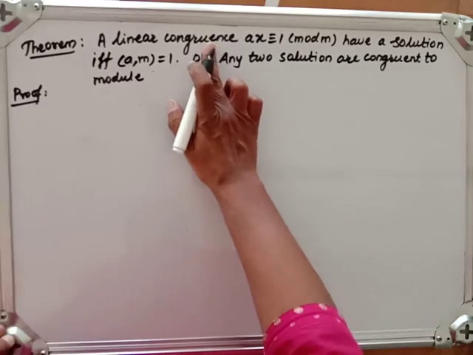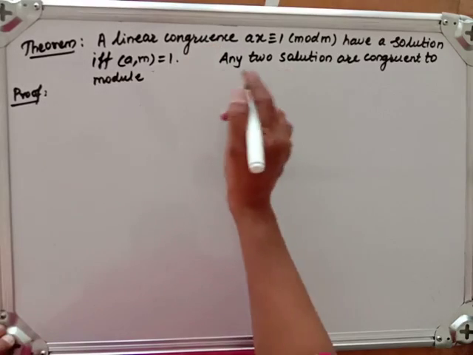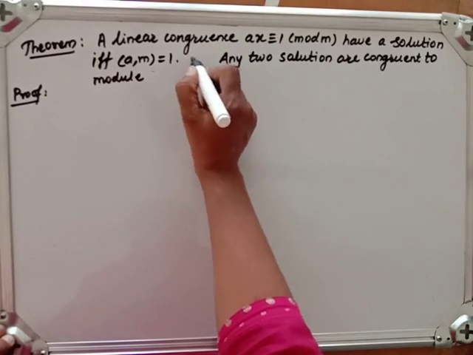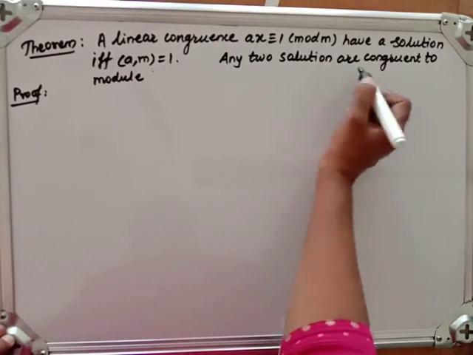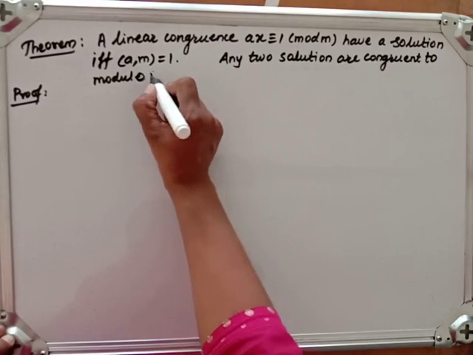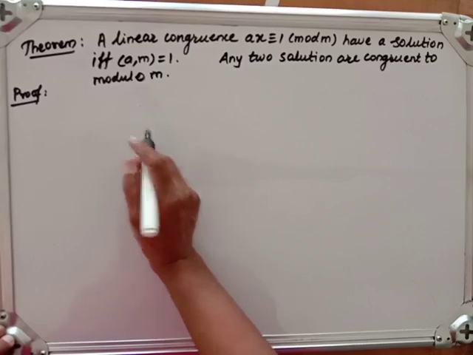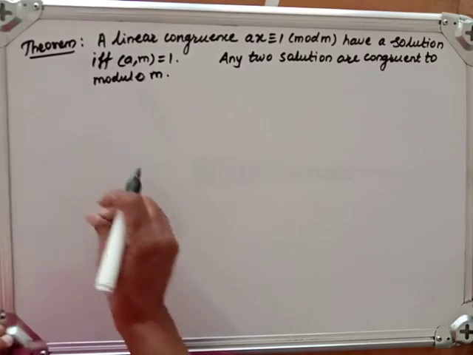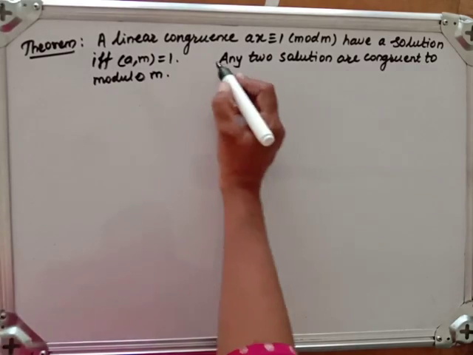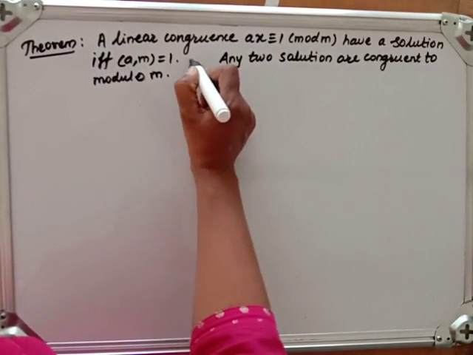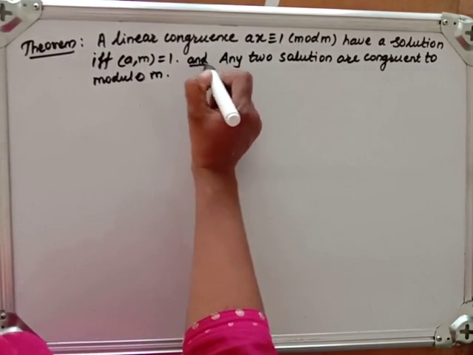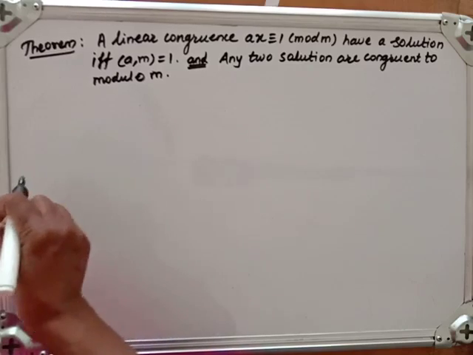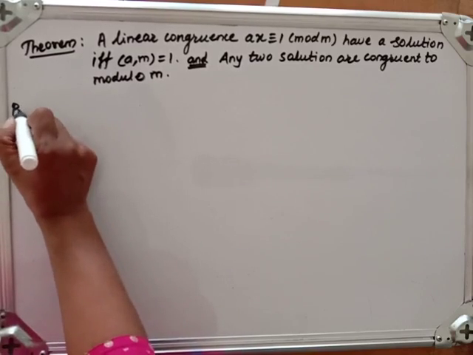It will be a uniqueness property of those solutions modulo m. They are congruent to each other. Any two solutions are congruent to each other, and we can say this part. Now let us see the proof of it.